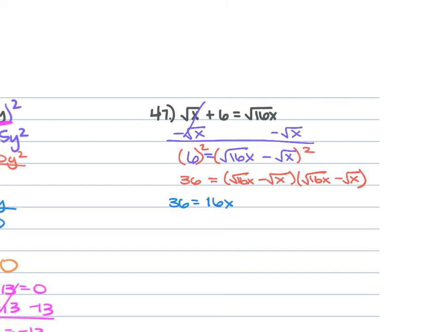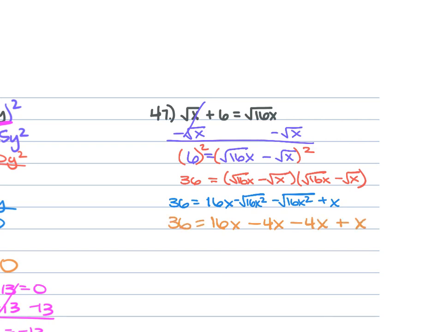And then we are going to have the negative square root 16x squared minus the square root of 16x squared plus the square root of x squared, which is just x. The square root of 16x squared is 4x, so it's going to be 16x minus 4x minus 4x plus x is equal to 36.